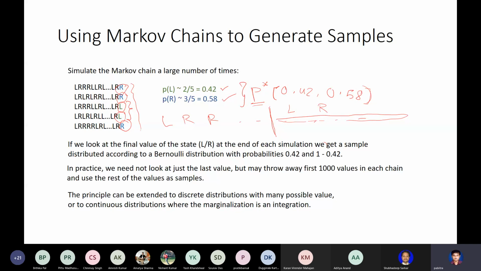So this initial 1,000, we call a burn-in period, and this we call an asymptotic period or a convergent period. So if we look at the states in the asymptotic period, the relative count of L and R would be the same as the converging probability P star.